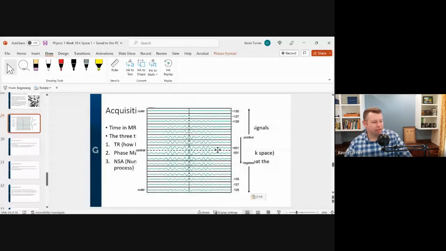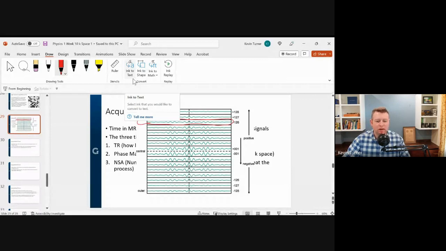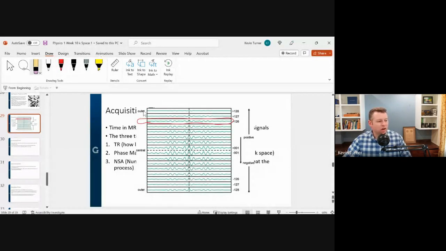So when we look at K space, if we took this echo here and put it into the wrong spot in K space, we would have motion artifact. But if we collect this exact echo 2 times and put both echoes in the same spot in K space, the computer can then take an average and reduce the amount of noise. That's what NSA or averages or NEX, whatever you call it on whatever machine you're on, is doing. Instead of collecting all the echoes once, you collect all the echoes twice.